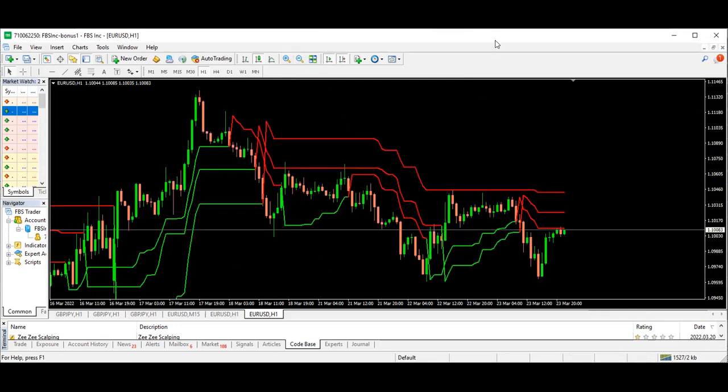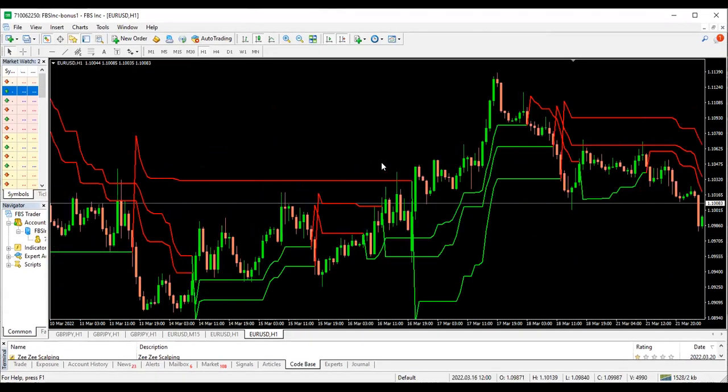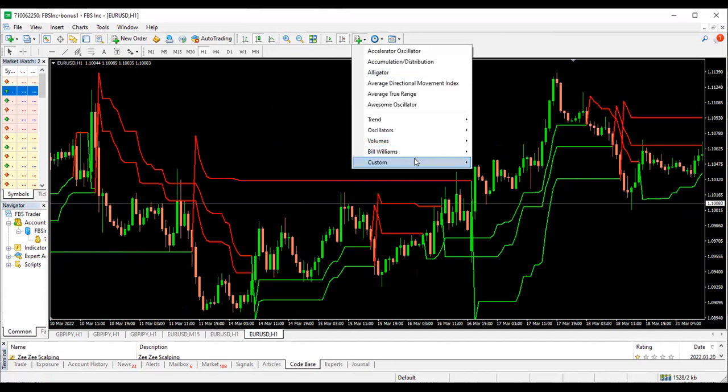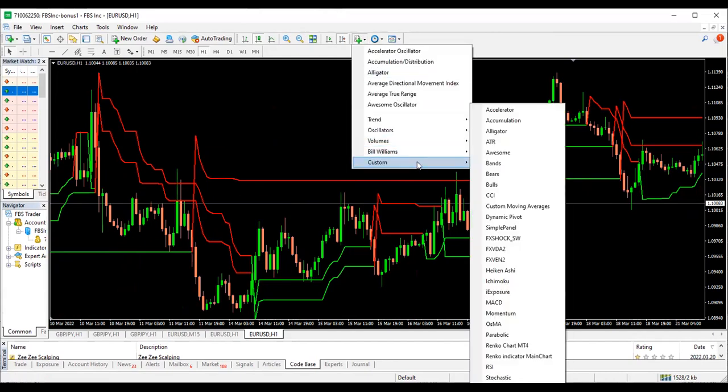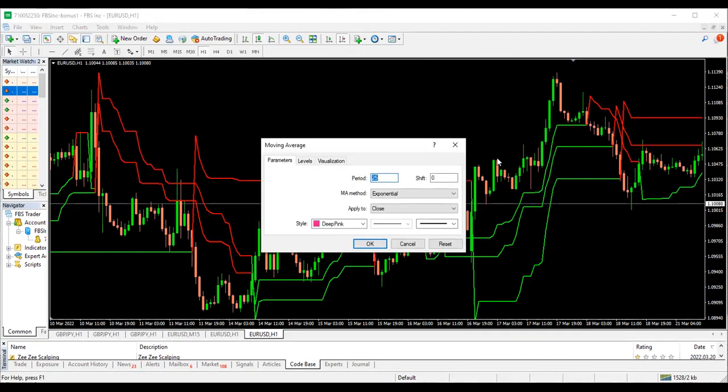So what I'm going to do next is add a moving average. The moving average I will apply is the exponential moving average, period 200.